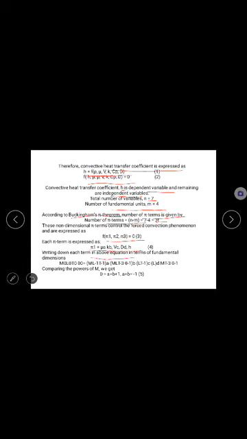Writing down each term in the above equation with the help of fundamental dimensions, for this first equation, M0 L0 T0 theta 0 equals the dimensions of these: mu, k, V, D and capital H. Now we will compare the powers of M, L, T, theta.